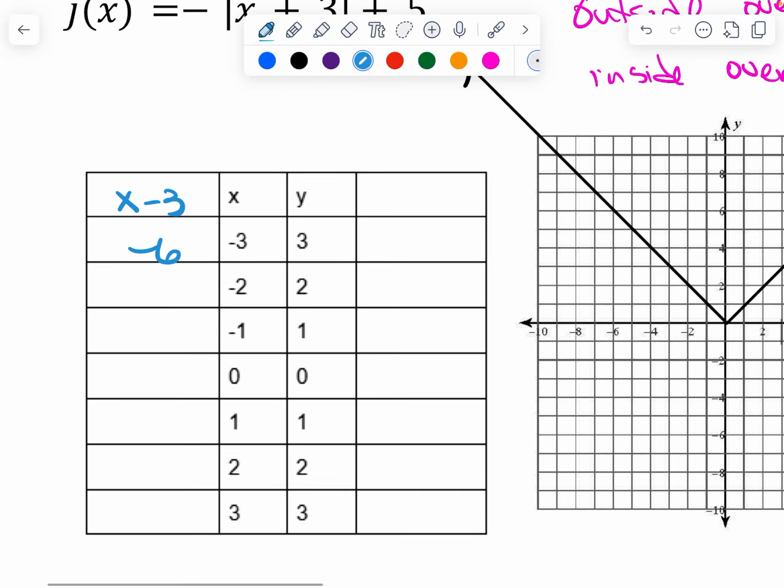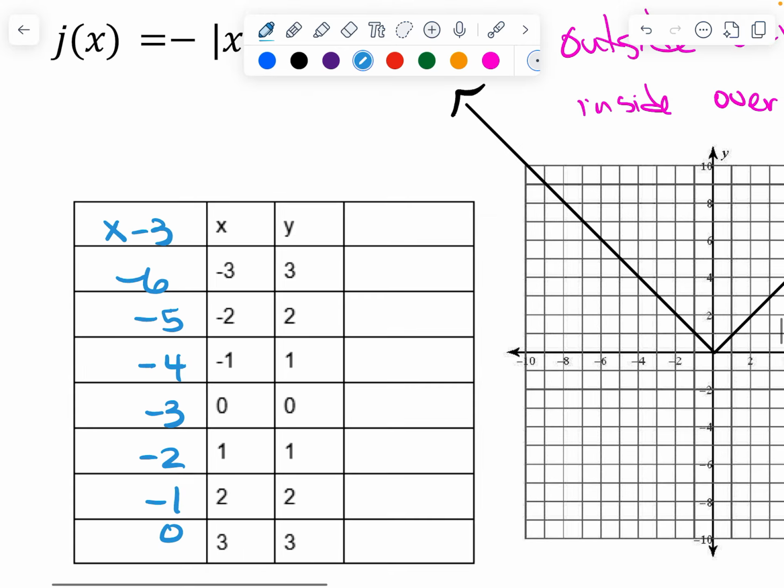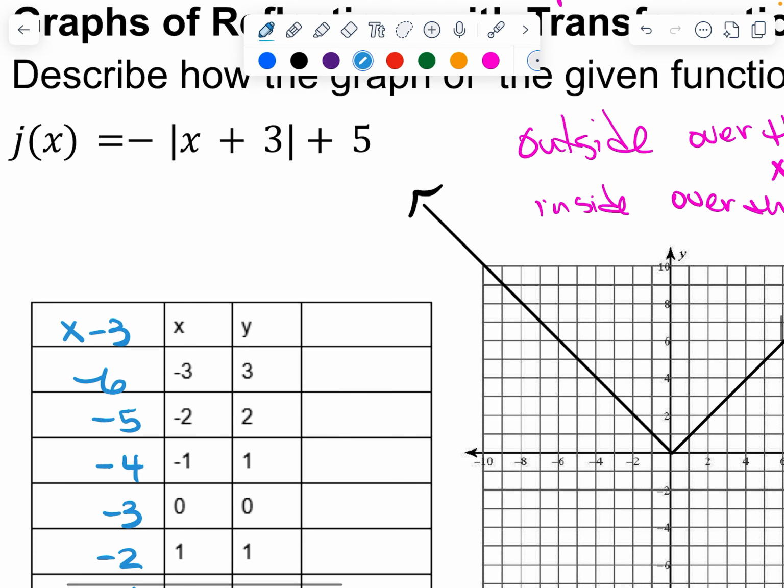So -6, -5, -4, -3, -2, -1, 0. Over here on the y, remember you have this right here. So I'm taking -y and then I'm adding 5 to it.